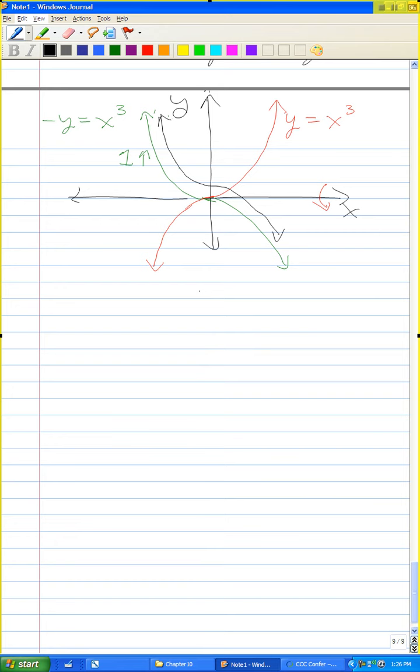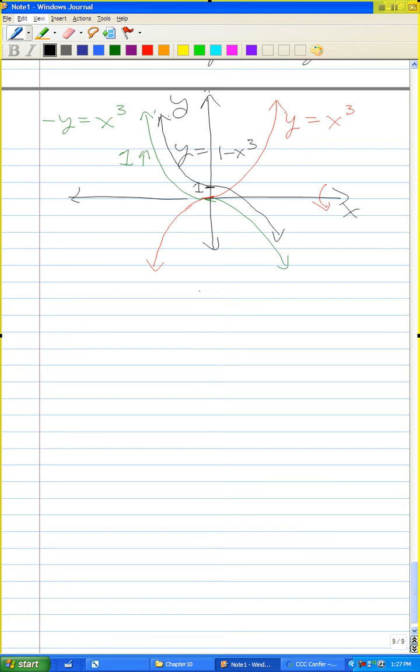Good enough, I guess. And so this is the graph of y equaling 1 minus x cubed. So this dark black final line is the graph that we want.